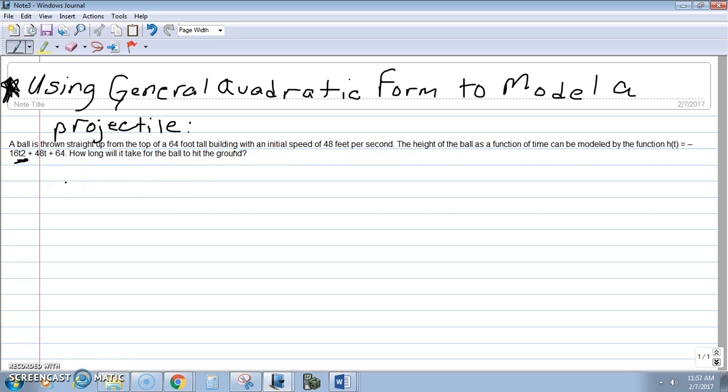First of all, we know that our general form is y equals ax squared plus bx plus c, where a is the coefficient of x squared, b is the coefficient of just the x, and c is the constant that does not have a variable attached to it.